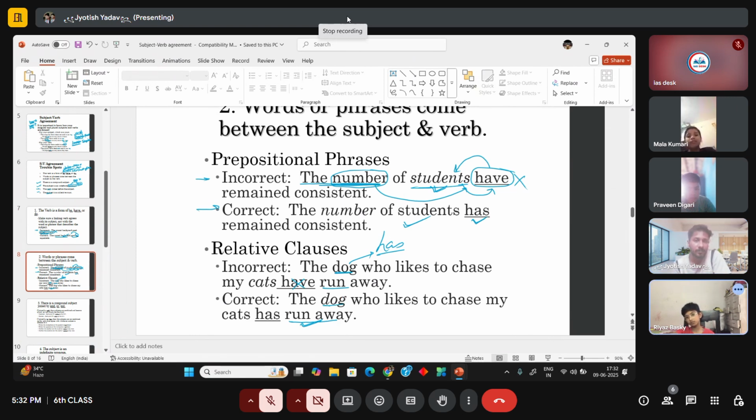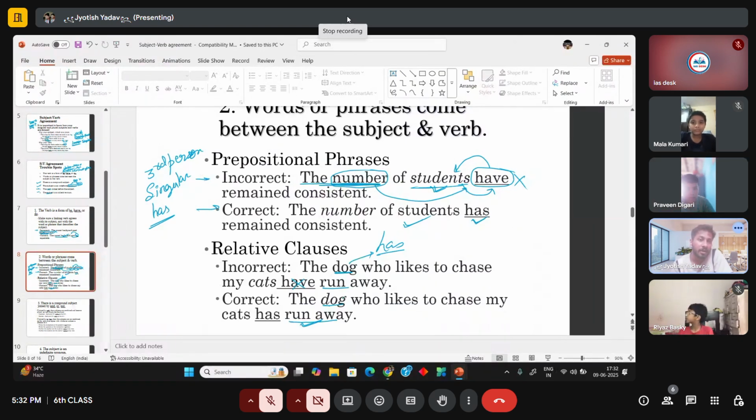Okay, sir. Always remember one thing: third person singular contains "has". You know this: first person singular and plural, second person singular and plural, and third person singular and plural.